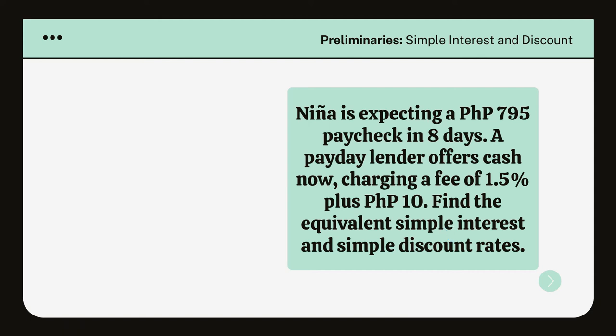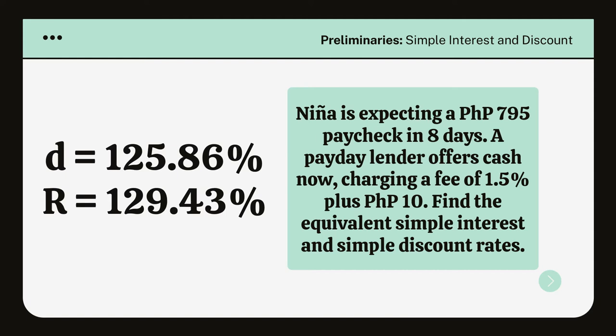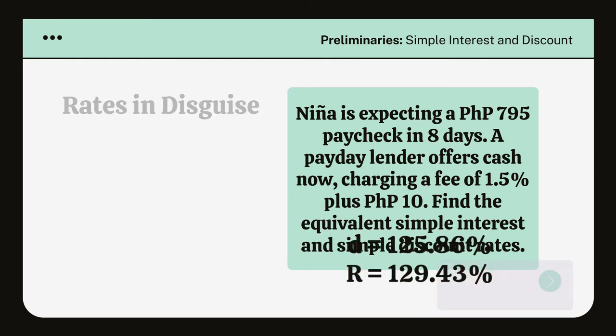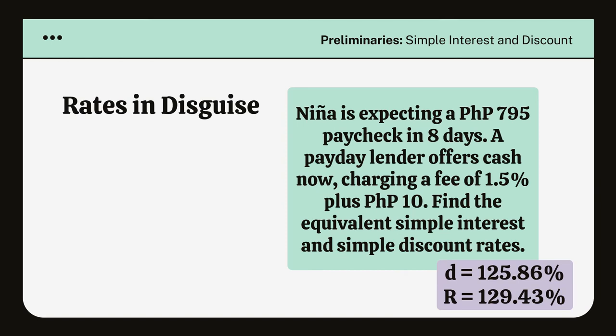So the answers here are, for D, or the discount rate, it's 125.86%, and for the interest rate, it's 129.43%. Again, this is how we're gonna do it. Rates in disguise. Why is it called rates in disguise? This is because magdadagdag ka na nga lang ng 10 pesos, may charging fee pa na 1.15%.